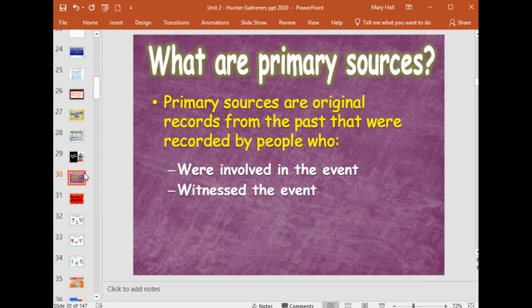Primary sources are original records from the past that were recorded by people who were involved in the event or witnessed the event. This has a dot beside it, so make sure that you write it down.